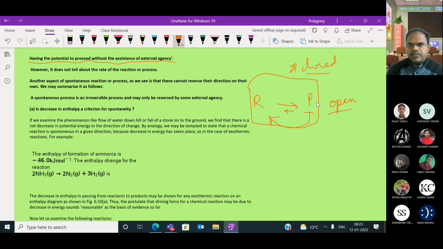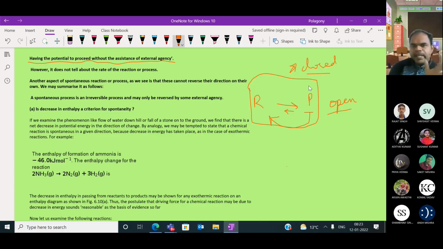So if you apply the conditions in the closed system, the product will decompose to form the reactants. So we must change the conditions to reverse the products to the reactants. For this, we must apply external conditions: temperature, pressure, all the conditions.